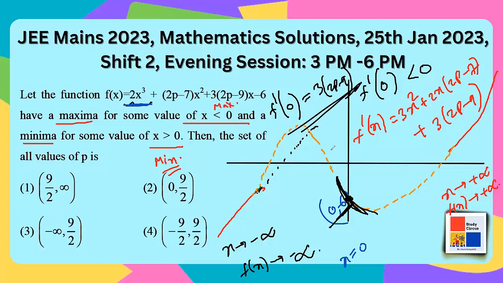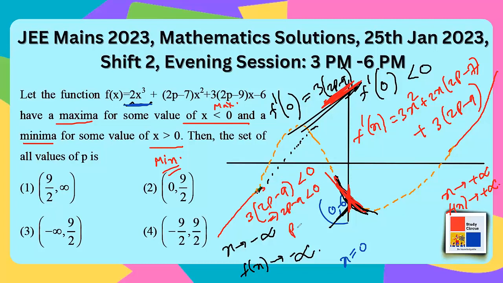And this f'(0) has to be negative because the function is decreasing there. You see the function is going down at this point. So this has to be negative, right? So 3(2p - 9) is negative. That is the same as 2p - 9 being negative.